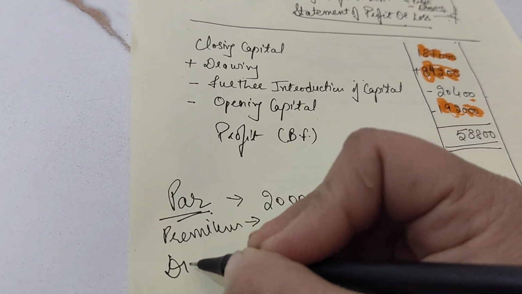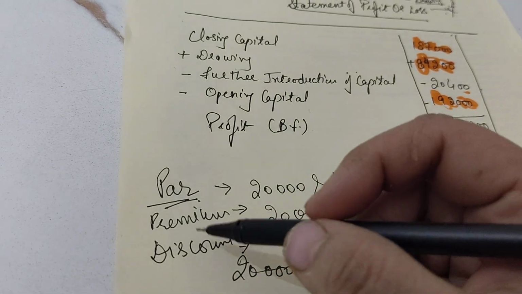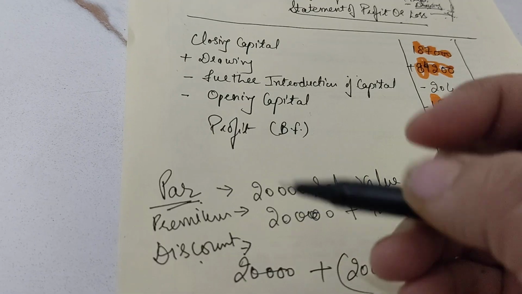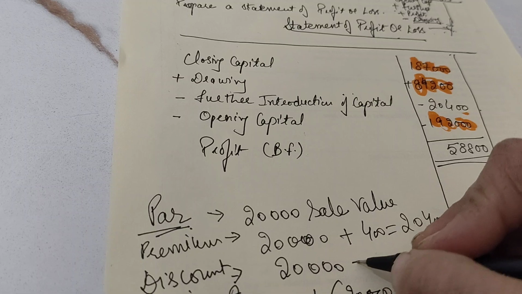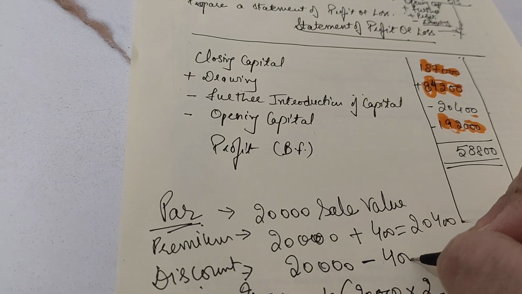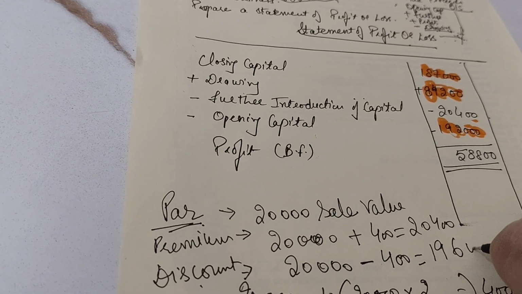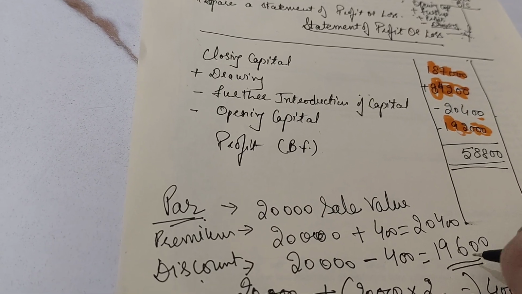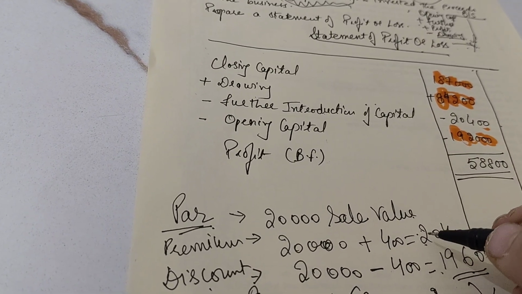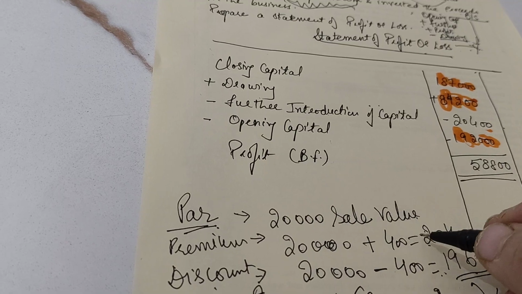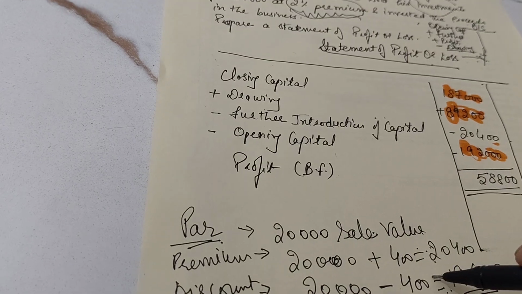If it had been sold at a discount of 2%, the same statement remains, only in place of premium, discount would be written, and then 20,000 would be reduced by the 2% discount, because it was sold at a lesser value, so the sale value would have been 19,600. So these are the three cases in which your given securities or investments could be sold at different valuations: at par means the same value, premium means plus, and discount means less.